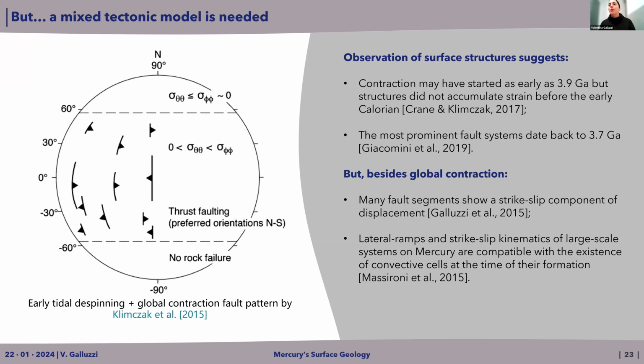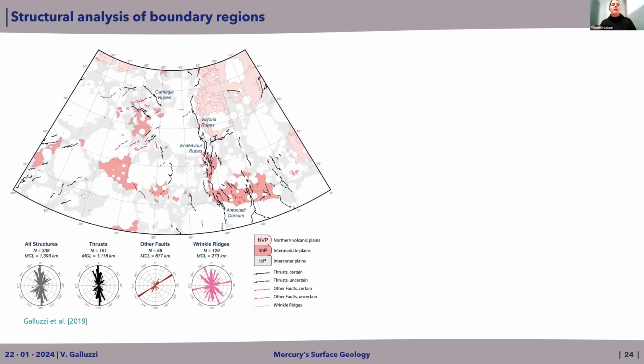And this is compatible also with the existence of convective cells at the time of the scarp formation. So as you can see from here, the tectonic history of Mercury is very complex, even if the evidence at the surface is limited. It was characterized by many different stages of tectonics.